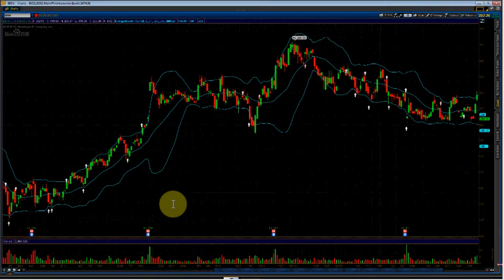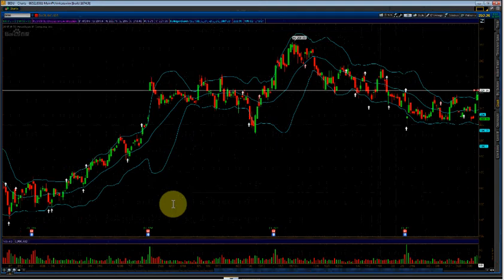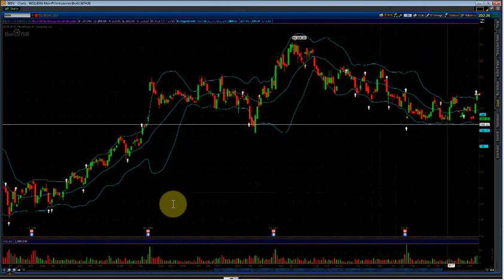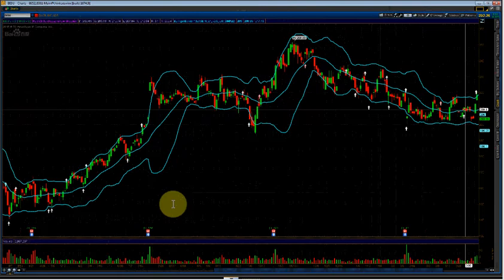Did I hit my top line? You know what happens here? Whether it be this system or any other system I use, it qualifies for a buy.